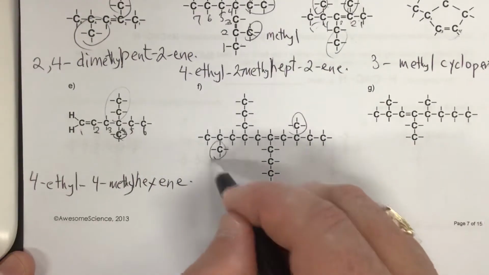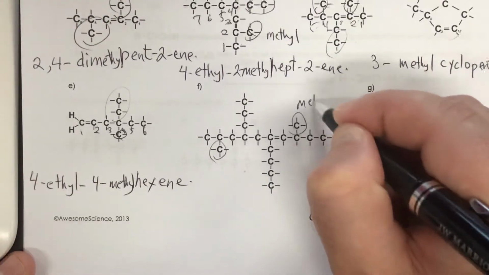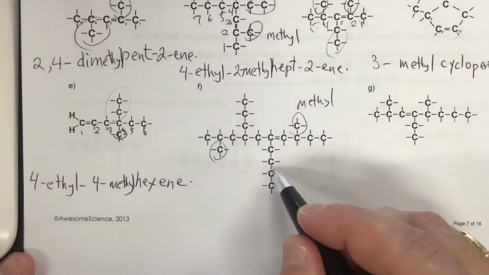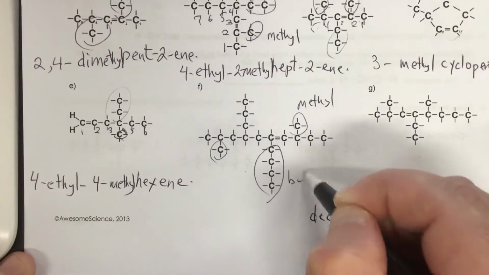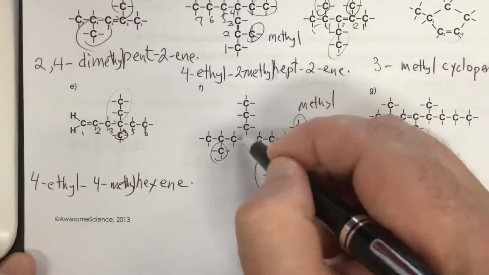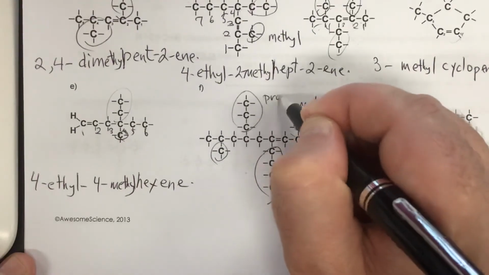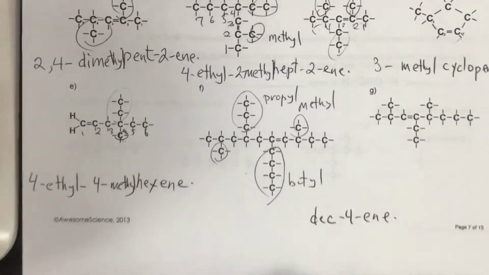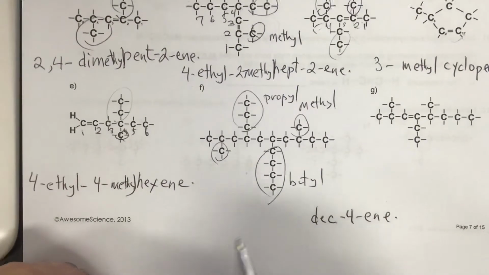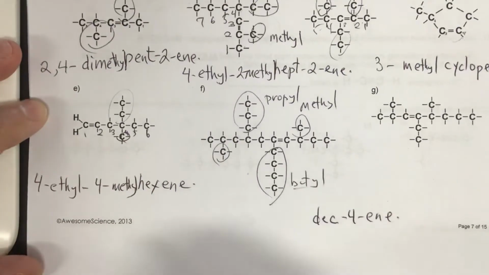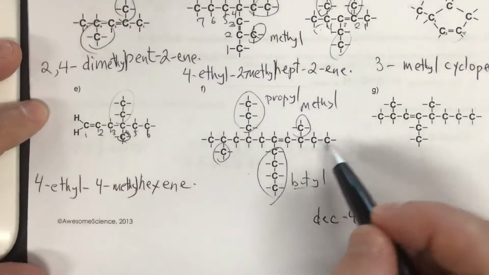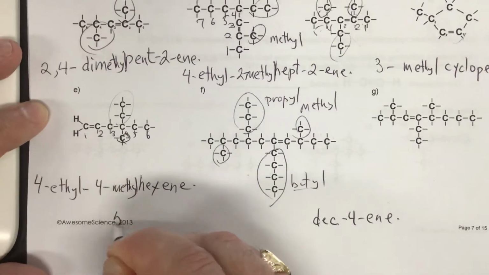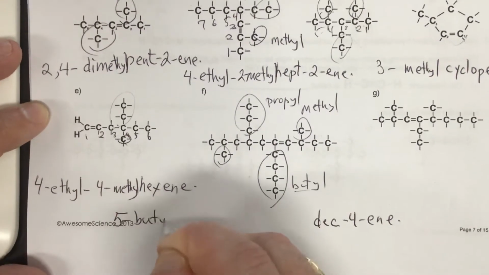I've got 2 methyl groups. Let's see, this is 1, 2, 3, 4, so this is a butyl group. And this is 3, so this is a propyl group. So this is going to have a monstrous name. I hope I have enough space. So we have to use alphabetical order. First, butyl. This is 1, 2, 3, 4, 5, so it's on the fifth carbon: 5-butyl.